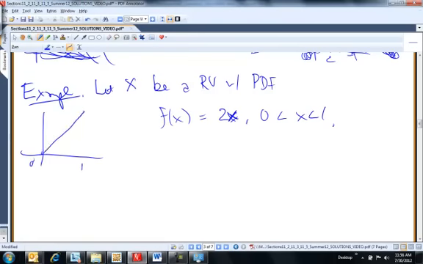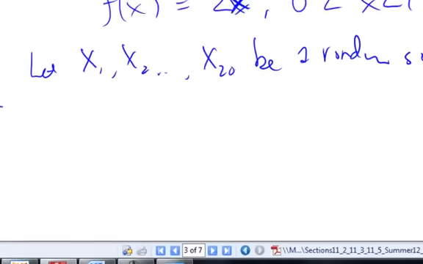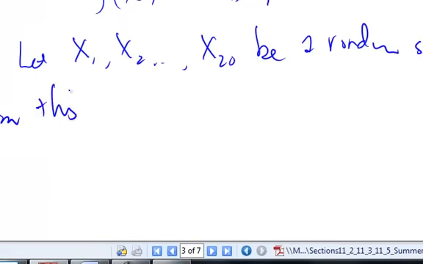This is the distribution on 0 to 1, it just looks like this line here. I'm going to take random values from this distribution and add them together. So let X1, X2, up to X20 be a random sample from this distribution. All I'm saying is you have this distribution, values are between 0 and 1.